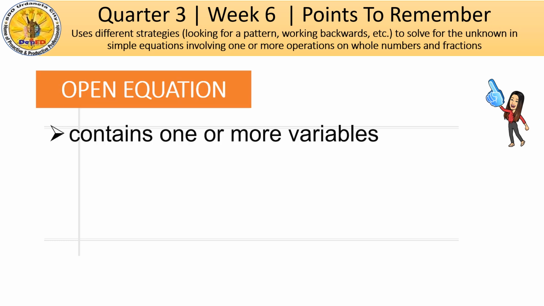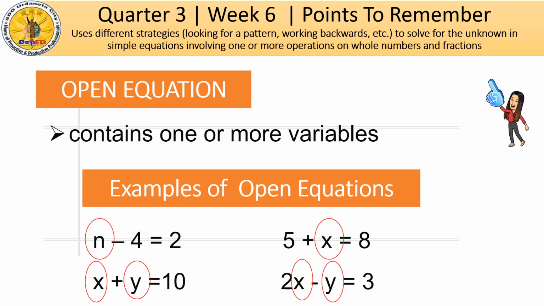An open equation, on the other hand, contains one or more variables. Examples of open equations are n minus 4 is equal to 2, x plus y is equal to 10, 5 plus x is equal to 8, 2x minus y is equal to 3.